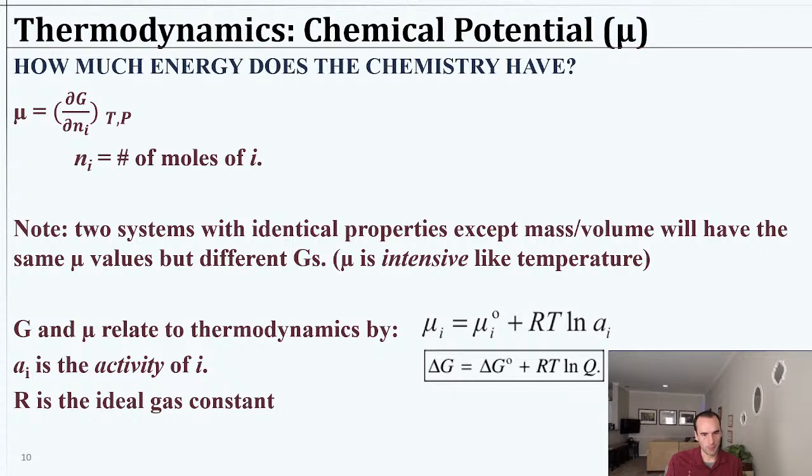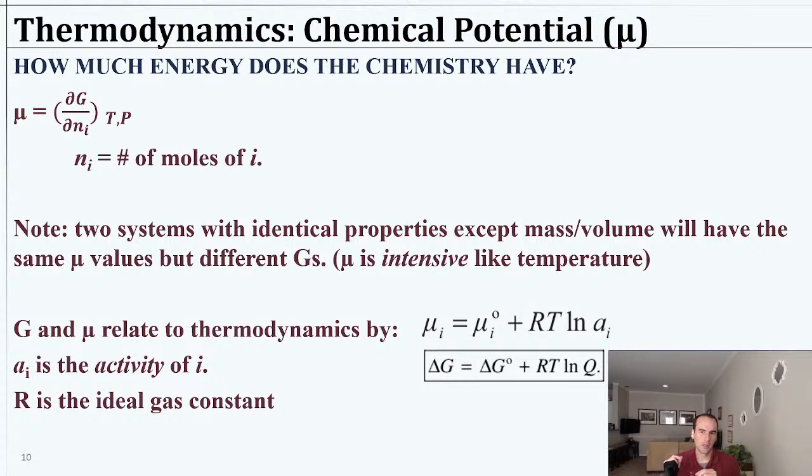Okay, so chemical potential. This term is part of how we define G itself, or how we arrive at G in terms of understanding what is the energy within this chemical, or what's possible with this chemical reaction.